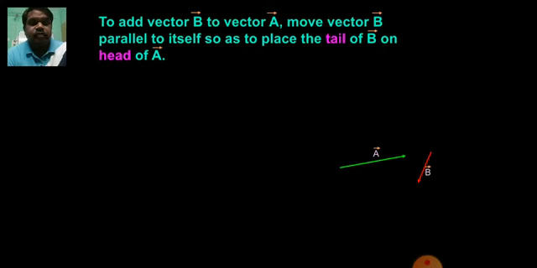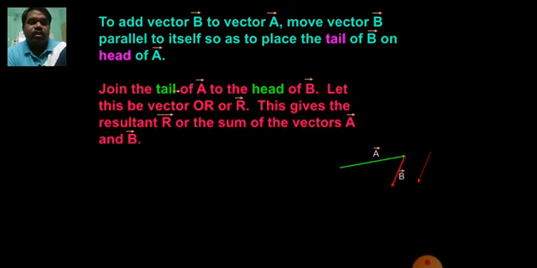See, yes, this one. The tail of second vector is connected with the head of first vector. Got my point? Very good. So what will be the resultant? Resultant of vector A and vector B will be represented by the third side of the triangle taken in the opposite order. Got my point? Very good.